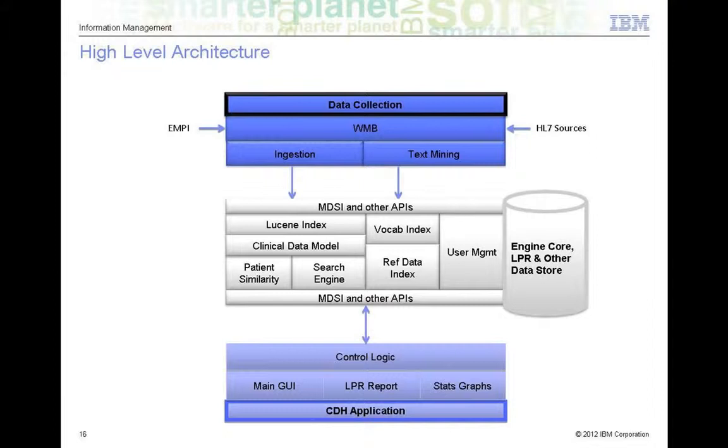One of the components which is new is what we call an MDSI. It's an interface that's really specific for clinical information. We always had data from which we could derive web services and Java objects for an API from the data model.